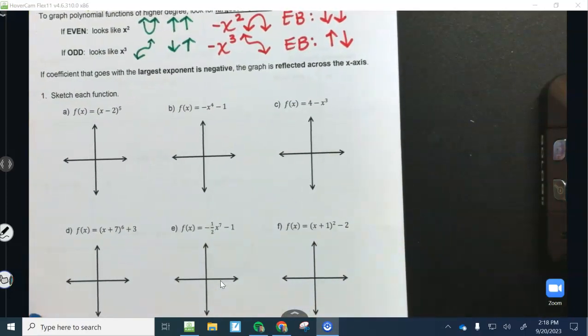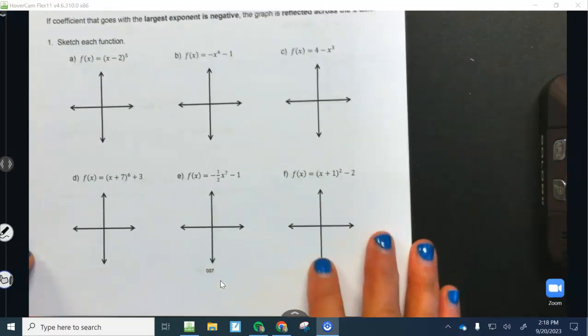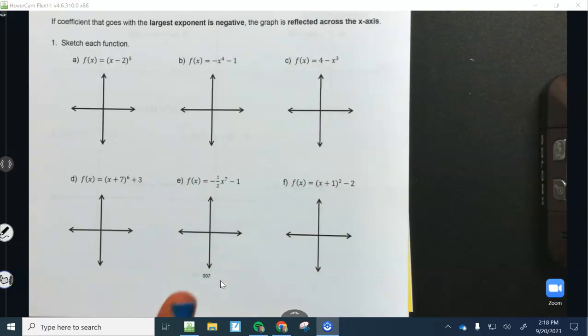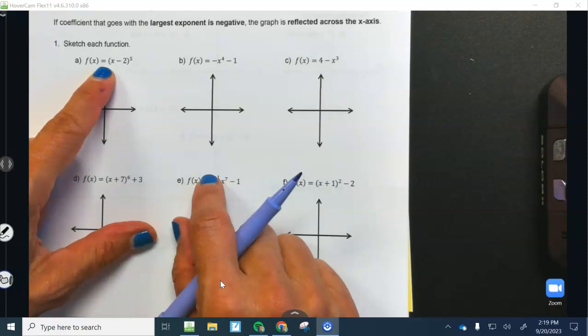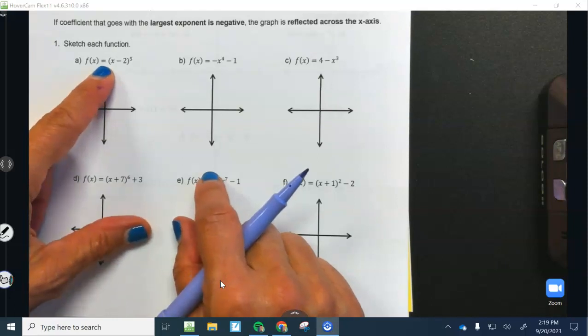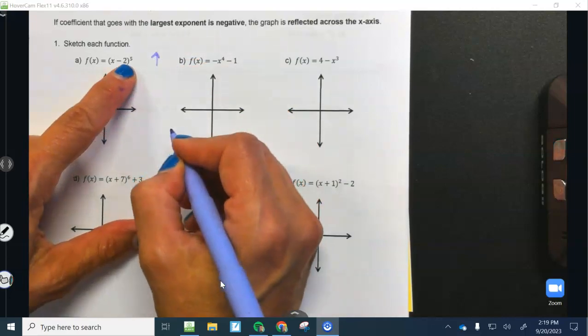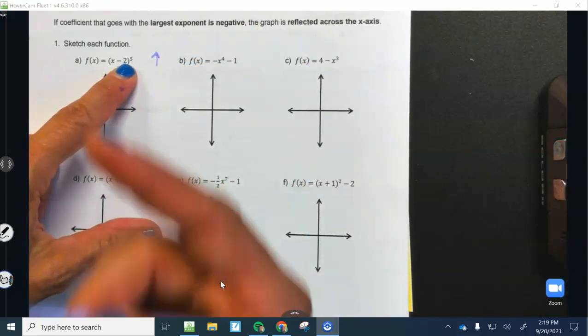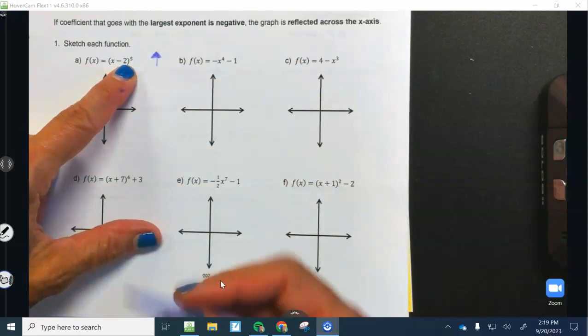So if you notice, we have ourselves some graphs down here. All we're going to do with these graphs, guys, is we are just going to sketch based on the end behavior and the approximate location of HK. So if you notice right here, I have a positive leading coefficient. So I know it's always up on the right. It is an odd power, which means the end behavior is opposite.